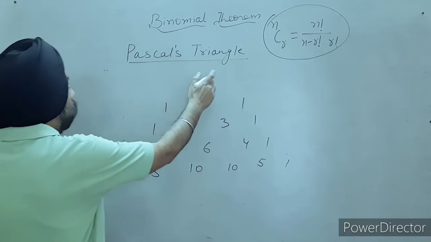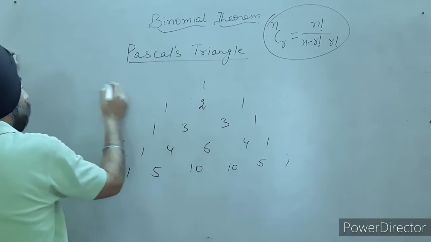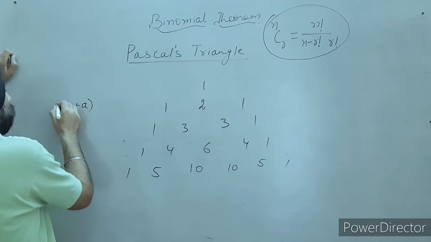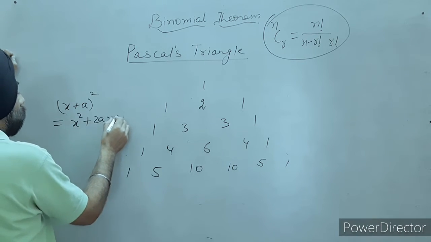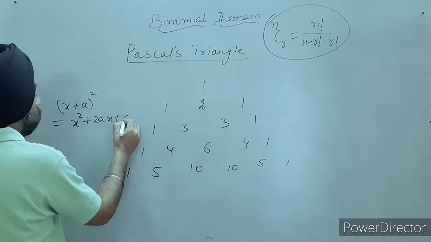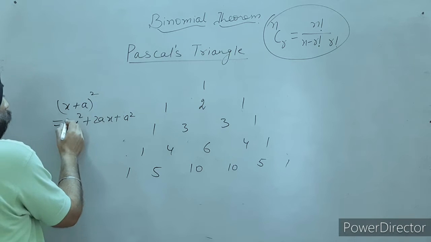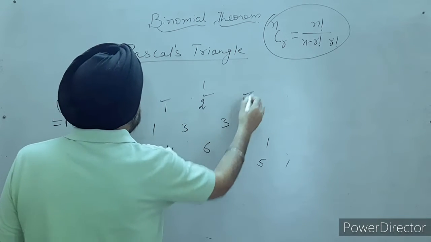Now when the index was 1, I got this term. Like when I squared x plus a, I got x square plus 2ax plus a square. When I expand this, I get 1 2 1.